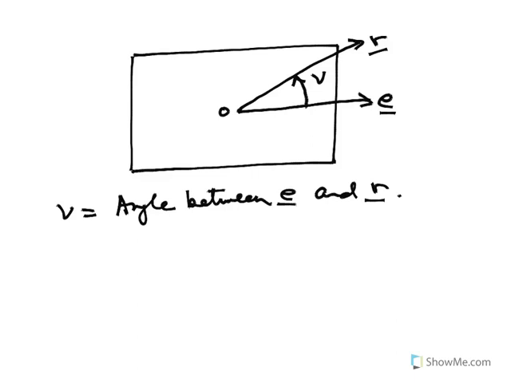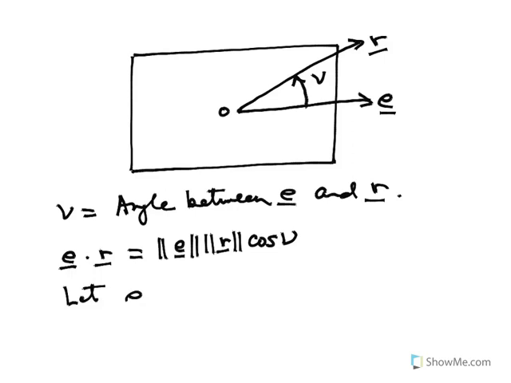Now, look what we can do with this. We can actually do something which is pretty interesting. If I take the scalar product of E with R, I get the magnitude of E times the magnitude of R times the cosine of the angle between them, which is nu. So suppose that we let E equal the magnitude of E, the eccentricity vector.